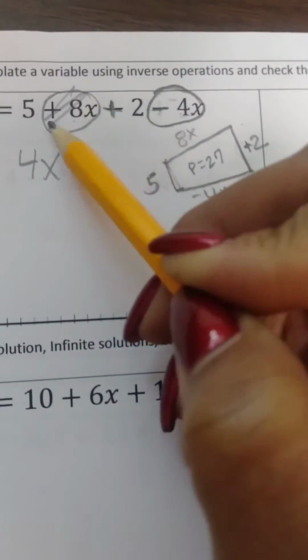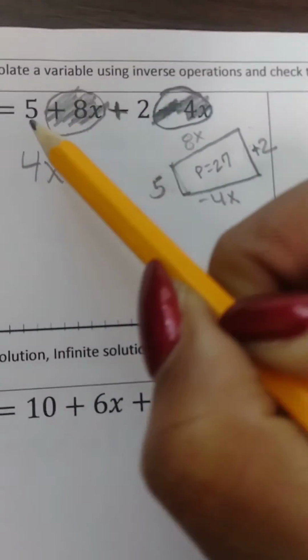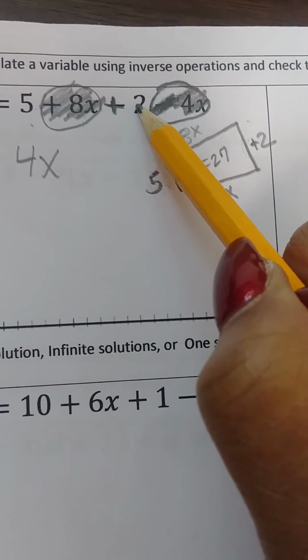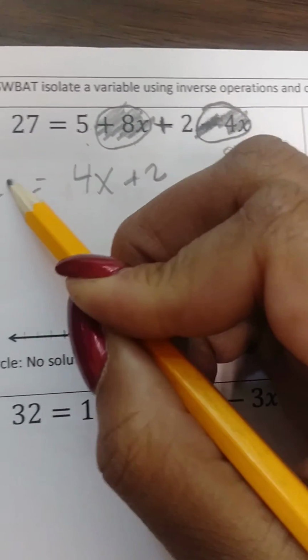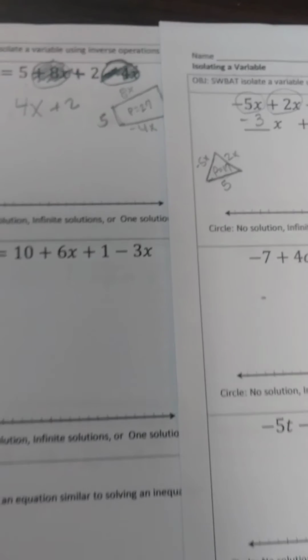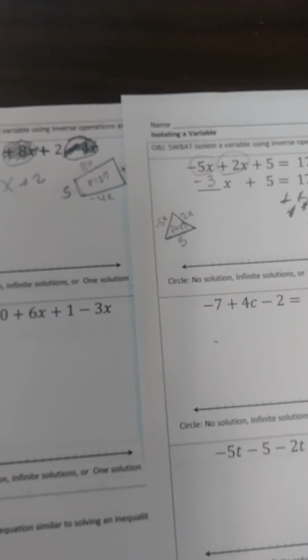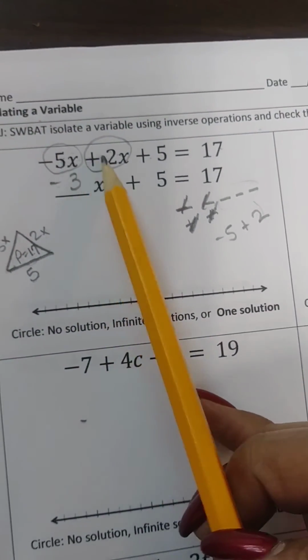So now that's gone. What do you have left? 5 plus 2. Bring everything else down. Now let's compare. What happened? Can you see that? Hold on. What happened? They were on the same side.